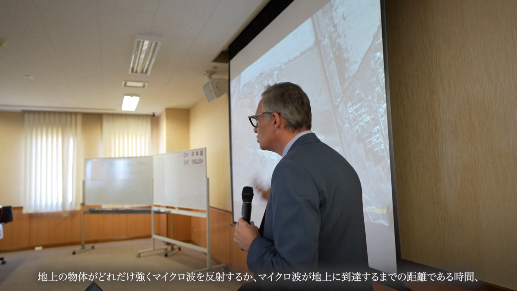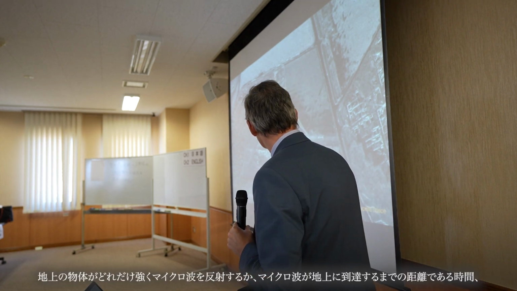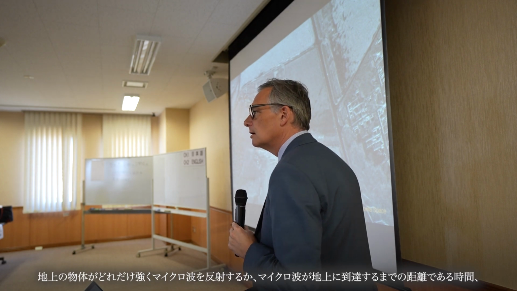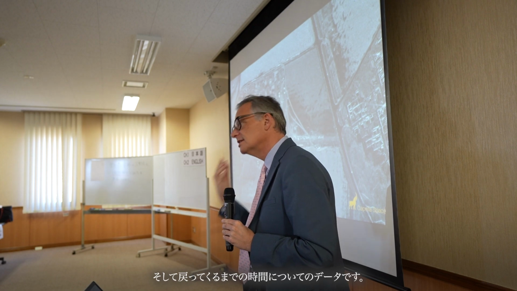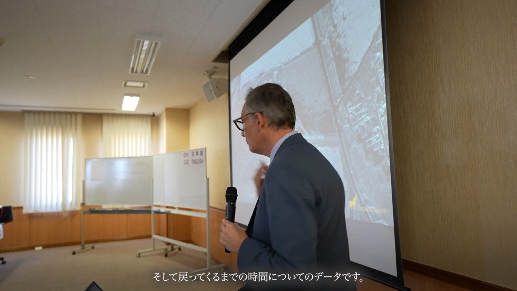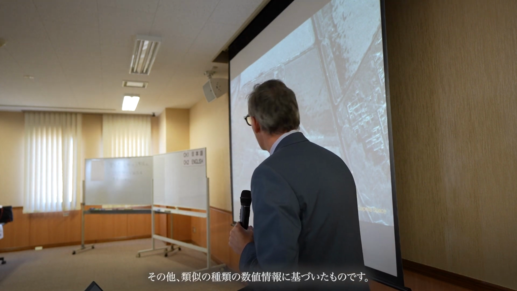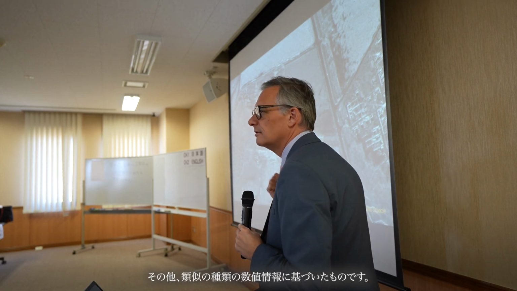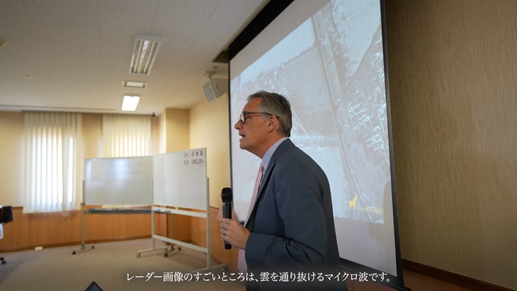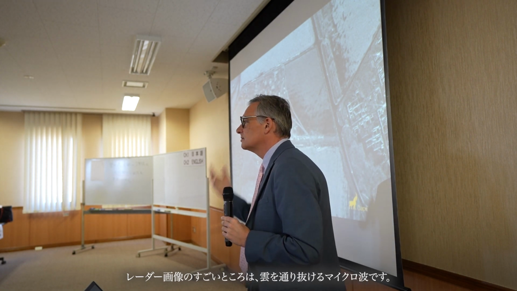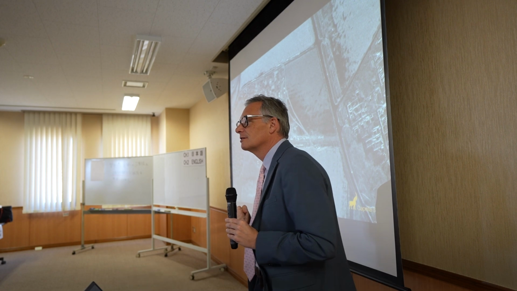It's data about how strongly these objects in the ground reflect microwaves, the time it took, which is the distance for the microwave to reach the ground and come back, and other similar kinds of numerical information.